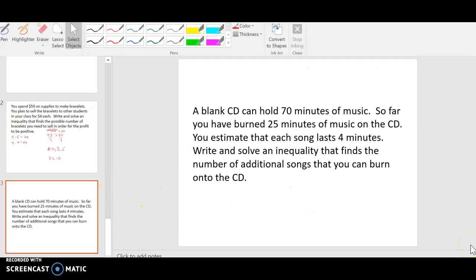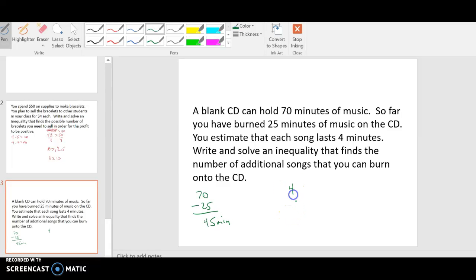A blank CD can hold 70 minutes of music. So far, you burned 25 minutes of music on the CD. Hopefully, you still know what a CD is. You estimate that each song lasts 4 minutes. Write and solve an inequality that finds the number of additional songs you can burn onto the CD. So right now, you have 70 minutes, but you've already used 25 minutes. So I have to do 70 minus 25, which gives me 45 minutes left.